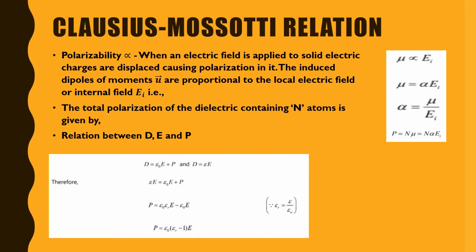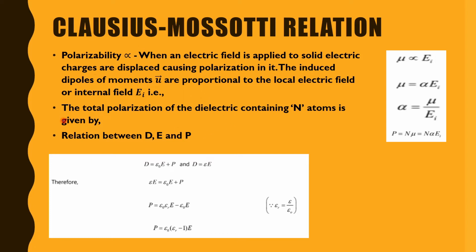Now the next thing is polarizability. Whenever an electric field is applied to a solid, electric charges are displaced, causing polarization. If an external electric field is applied to the dielectric, the charges get displaced by a small distance.